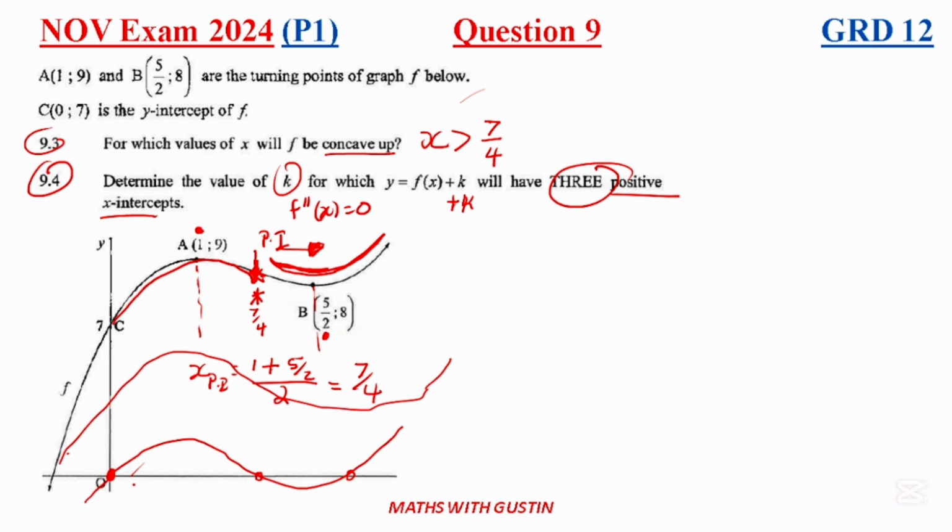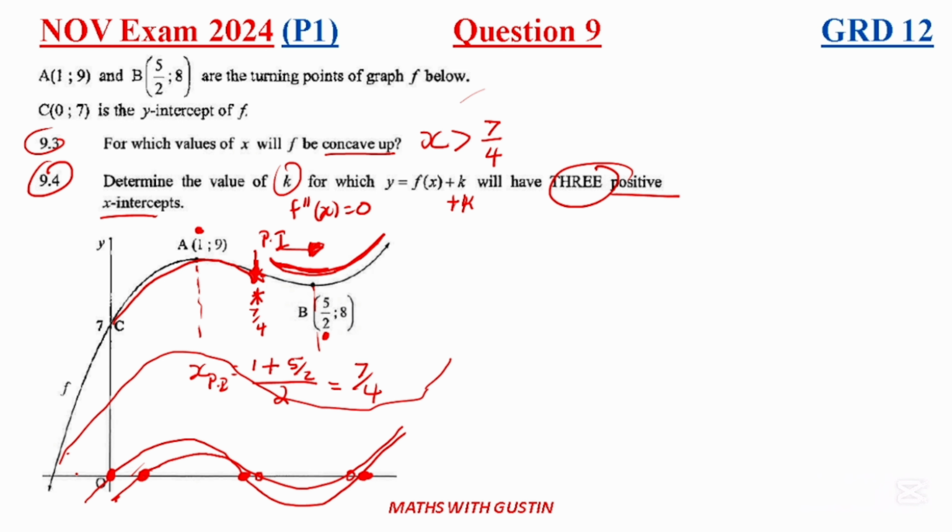Even if we try to move it a little bit lower, it's gonna touch there and then touch again here and there. So you are looking for 3 positive. Okay, 0 can't be positive, so they said positive, so we're looking for these 3 points here.